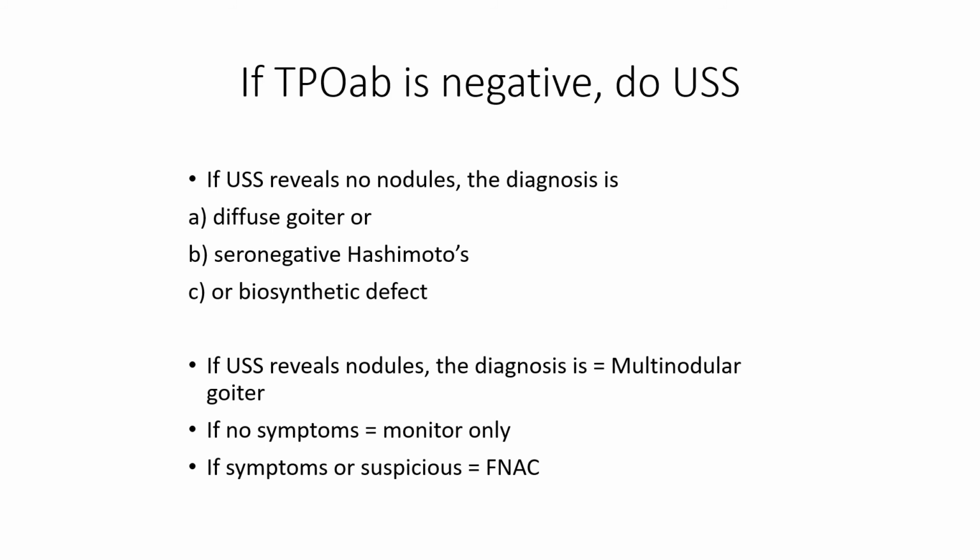If there are no symptoms, do nothing. You can monitor only. But for cosmetic reasons, particularly in females, they may want surgery to get it out. Okay? But if there are symptoms, or you are suspicious that there will be symptoms, then do what is needful. Fine needle aspiration cytology.